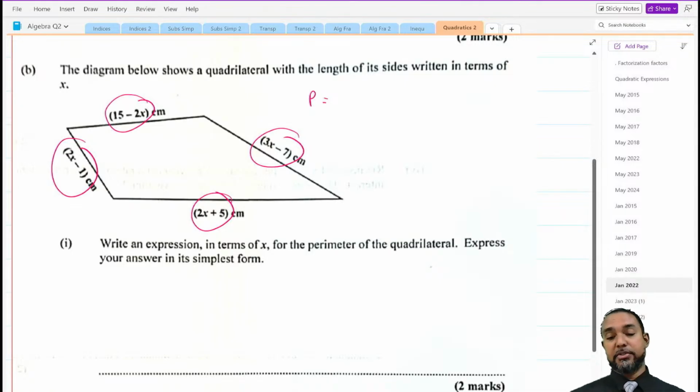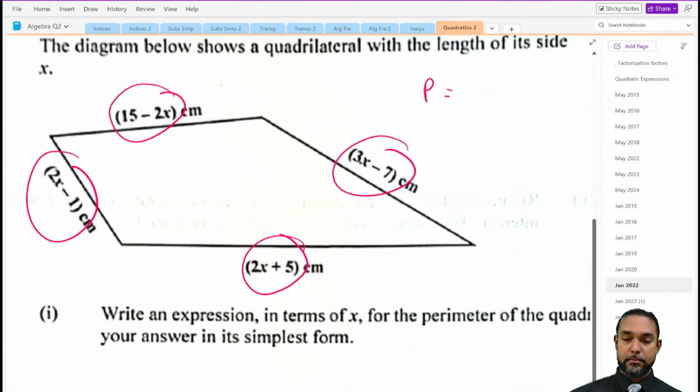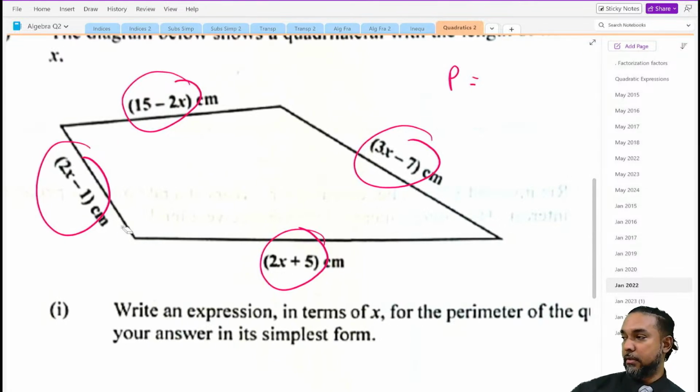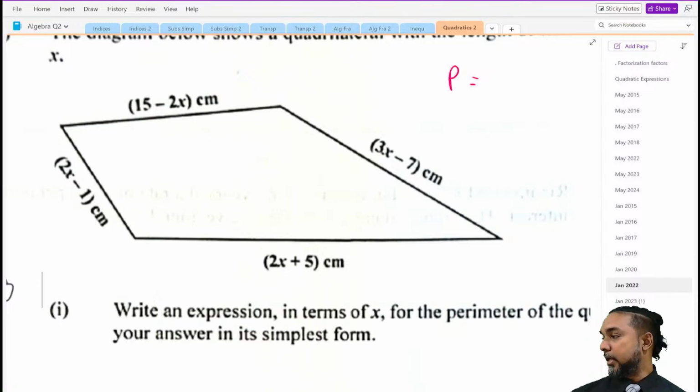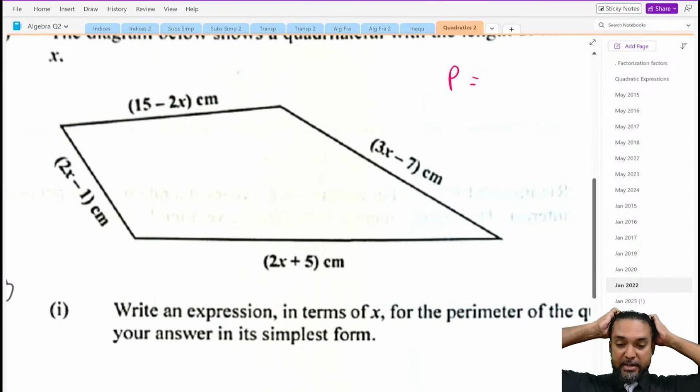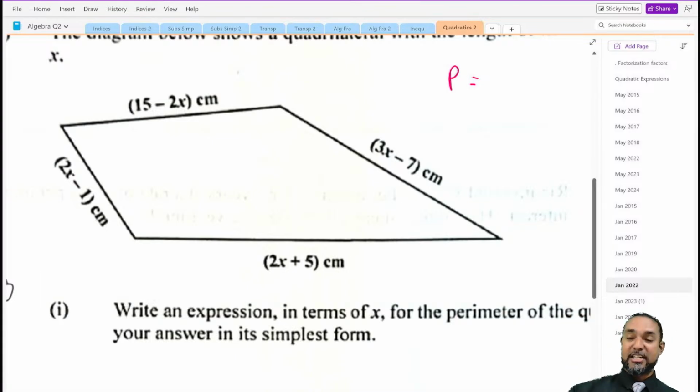So you can put 15 minus 2x plus 3x minus 7 plus 2x plus 5 plus 2x minus 1, right? Zoom in. No problem. Yeah, it's a little fuzzy. All right, and then what you'll do is you'll expand. You'll drop the brackets and simplify. So you'll group all the algebra together. You'll group all the integers or constants together and simplify.